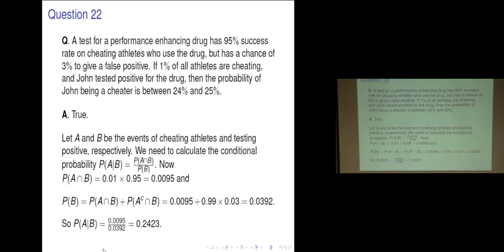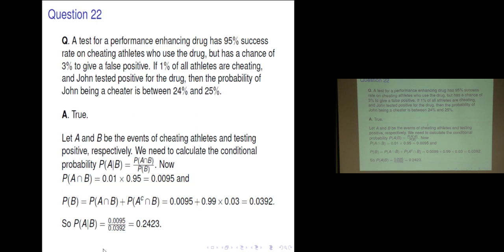So we need to calculate the conditional probability under the condition B, right? Suppose the test is positive, what is the probability that cheating happens? So this is a conditional probability.